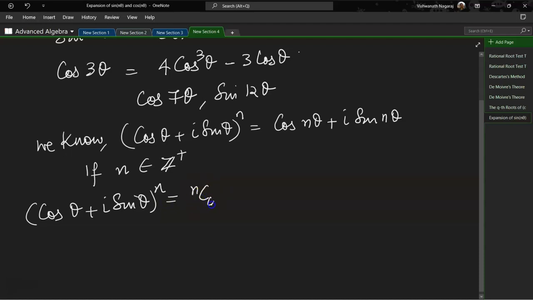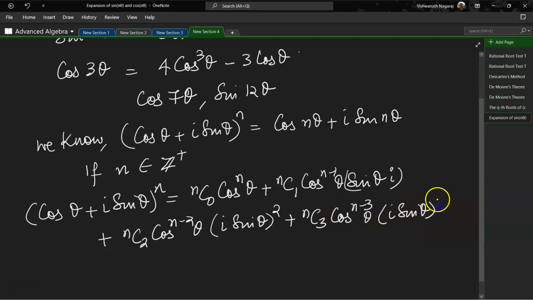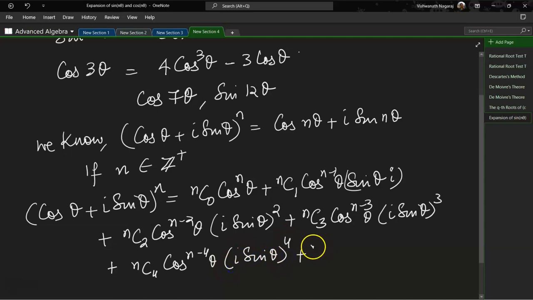So what do we get? We get nC0 cos^n theta sine to the power of 0 theta, which is 1, plus nC1 cos^(n minus 1) theta sine theta i, plus nC2 cos^(n minus 2) theta times (i sine theta) square, plus nC3 cos^(n minus 3) theta (i sine theta) cube, plus nC4 cos^(n minus 4) theta (i sine theta) to the power of 4, plus nC5 cos^(n minus 5) theta (i sine theta) to the power of 5, and this can keep going on.